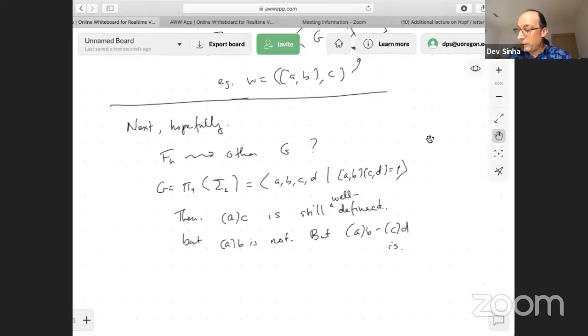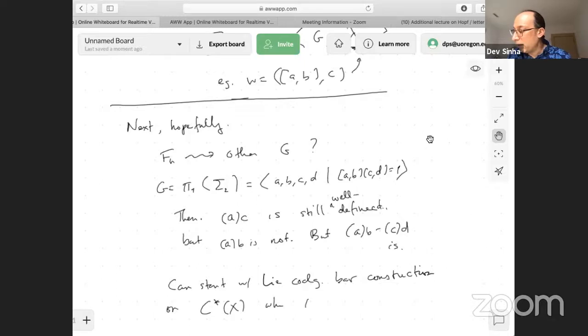So you can start with the Lie coalgebraic bar construction on the cochains of X, where pi1 of X is G. You can just think of X as a two-cell complex.